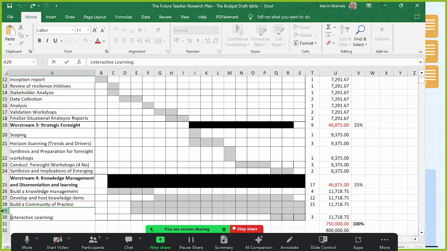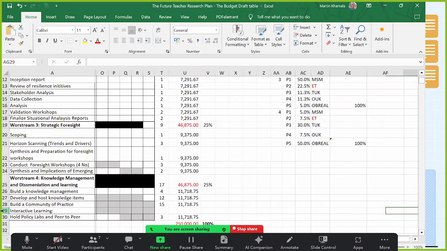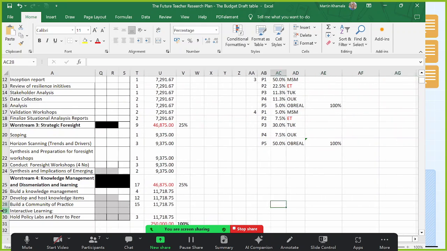I don't know if it's correct, Prof. I'll put interactive learning, or we can change it anytime. So in terms of percentage, here we can reduce where we will increase this one too. If we add on 5%, then I can reduce TUK to increase OUK. So this becomes 12.5%.